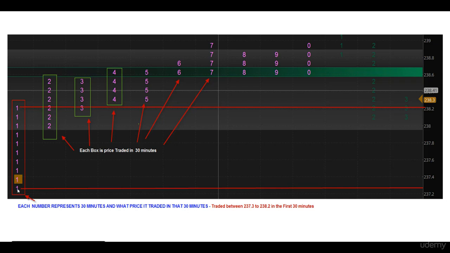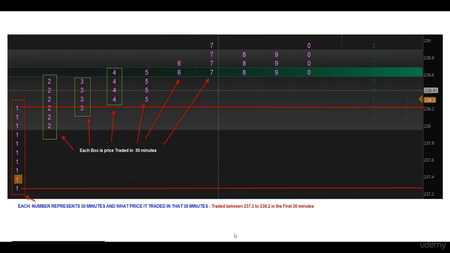So this is, let's say, morning 9:30 EST all the way to 10 o'clock. So basically the stock price opened at about 237.4 and went down to 237.3 all the way up to 238.2. So each number represents 30 minutes of trading and what price it traded in during that 30 minutes.